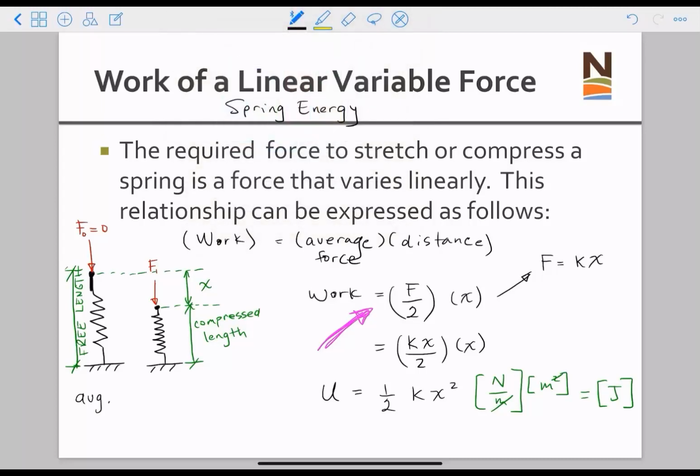That's because our average force, if we look at this spring, would be F naught plus F1 divided by 2. Well, if F naught is 0, then our average force is just equal to F1 over 2, which is what we plug into our value for work. So hopefully that makes a little bit of sense to you there.